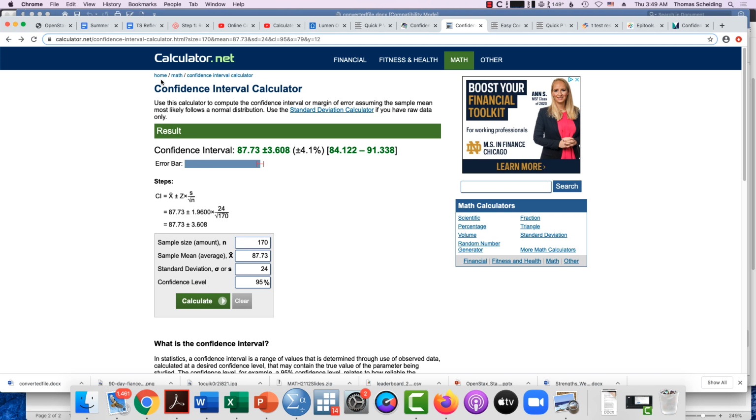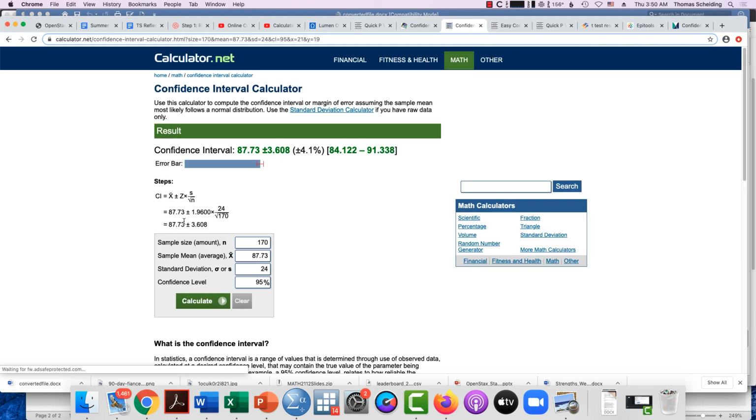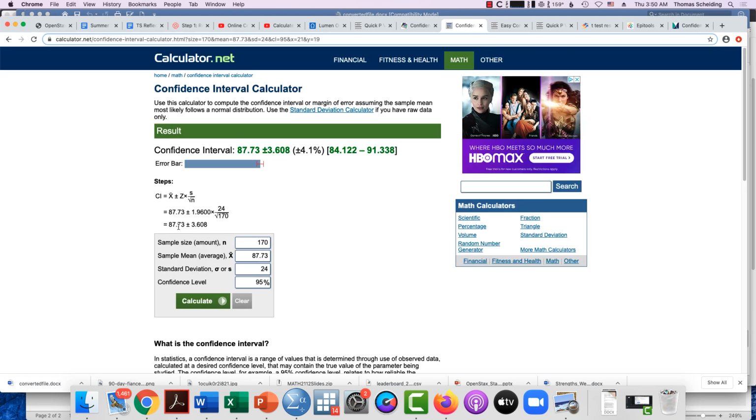So here I just used a confidence interval calculator. 95%, 170 sample size, put in the sample mean, put in my standard deviation, put in my confidence level. Calculated that, and I've got 87.73 plus or minus 3.608.